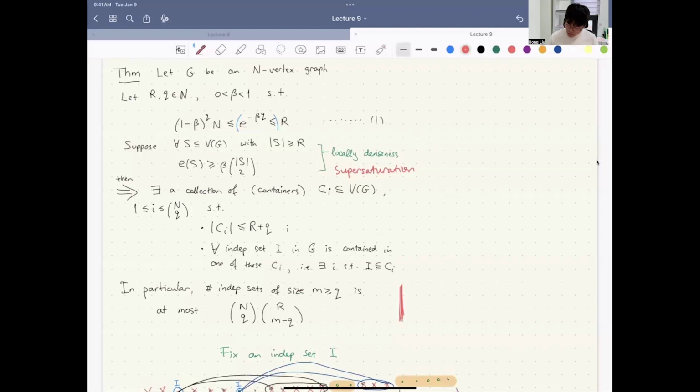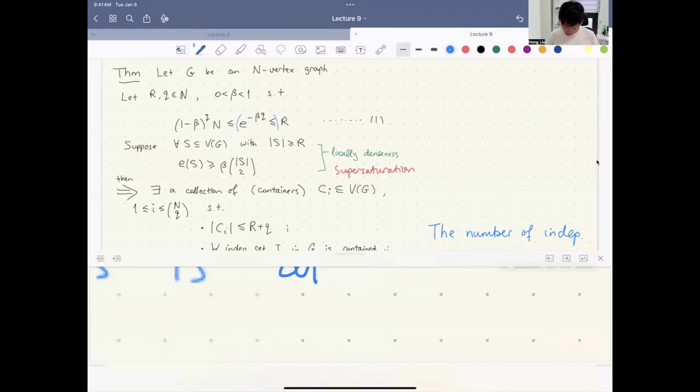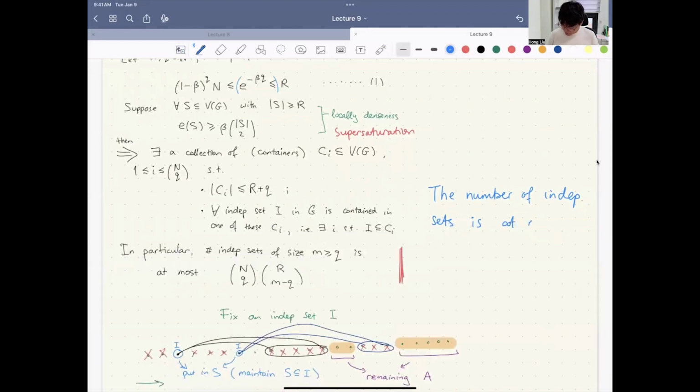So another consequence is that the total number of independent sets of all sizes in the graph G is at most what? And choose Q. We're going to first choose the signature.